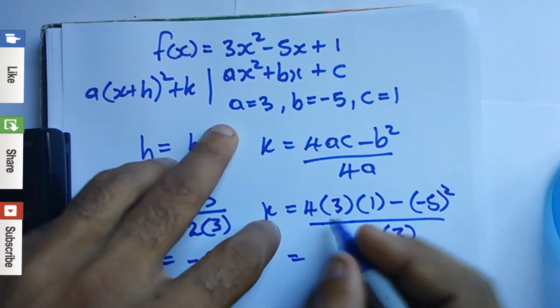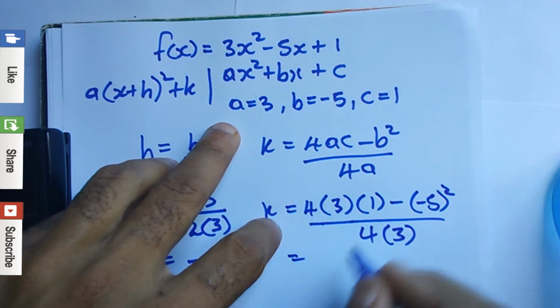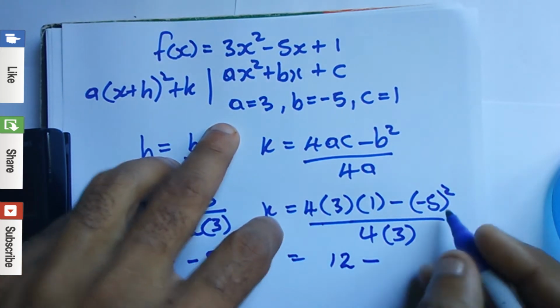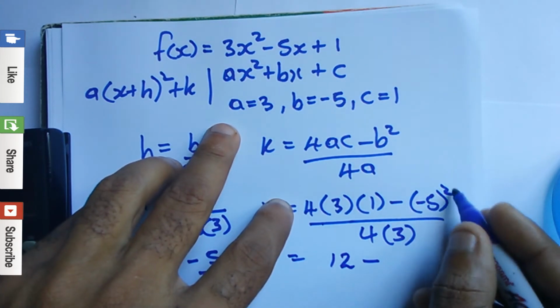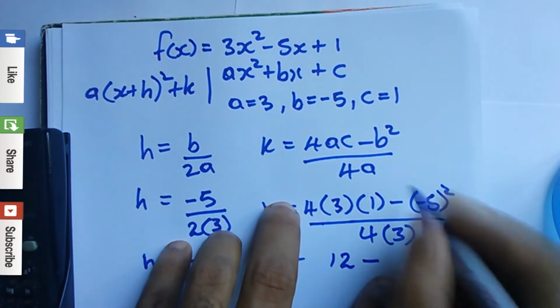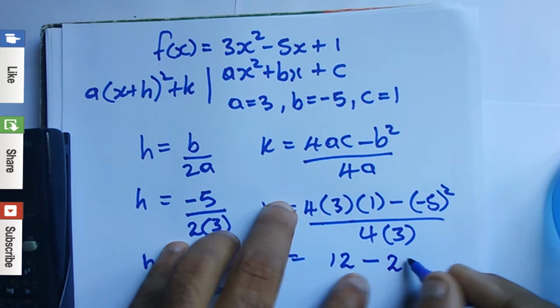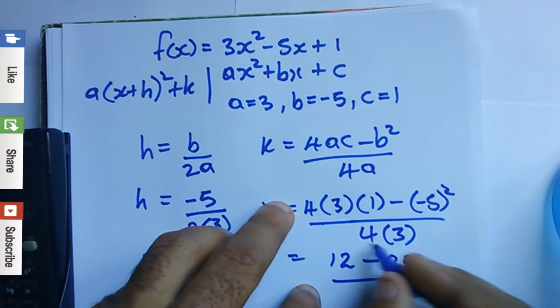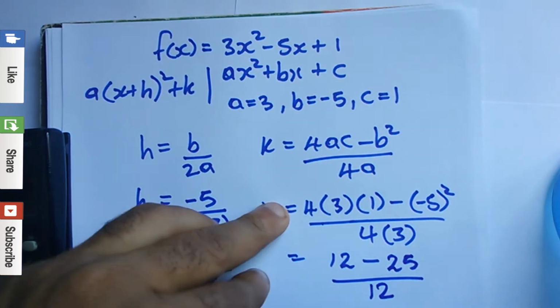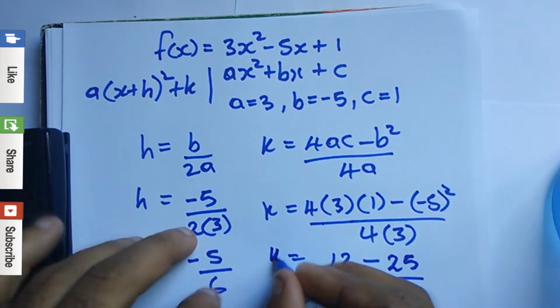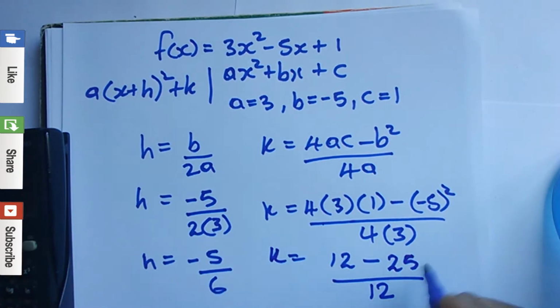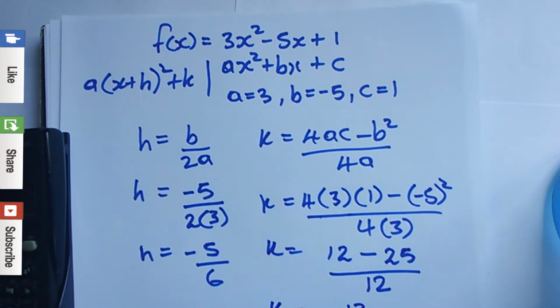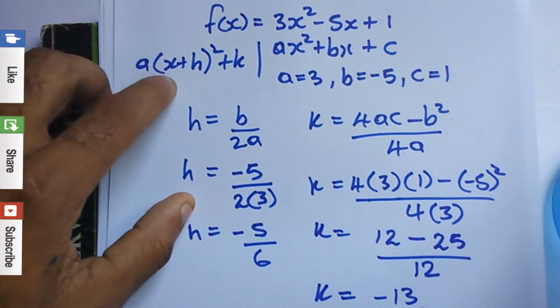So we know that 4 times 3 is 12 times 1, so we have 12 minus, negative 5 squared is positive 25, but there's a negative in front of the bracket, so it's going to remain as negative 25, divided by 4 times 3 is 12. So k is equal to 12 minus 25, which is negative 13 over 12. So that's the value for h, that's the value for k, so we just need to express our answer in this form.